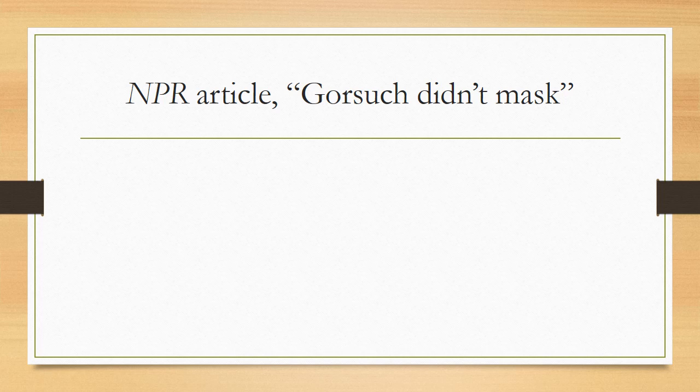But this Reuters article shows how the NPR article actually reported fake news. So by sifting, by not just reading the NPR article but also reading something else, I was able to find that this NPR article actually reported something false. It wasn't true. So the question we're asking is, is this an example of fake news? That's the question you'll answer in your discussion board post and in your first paper.